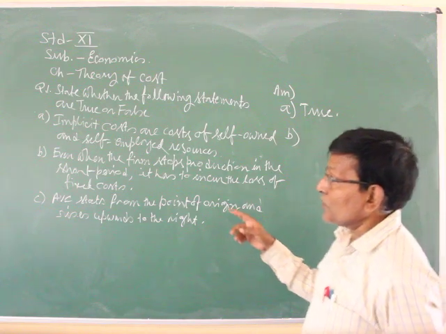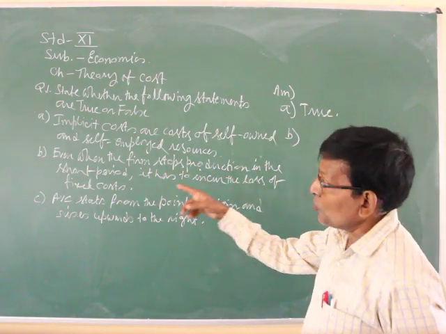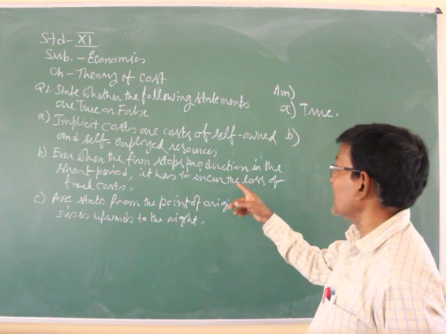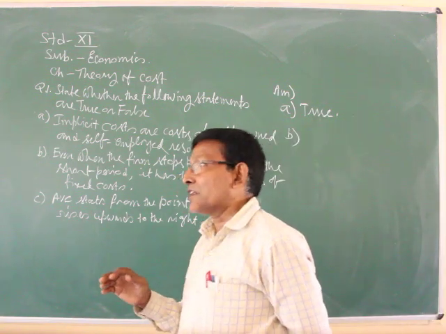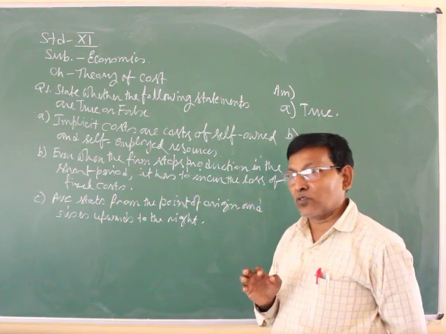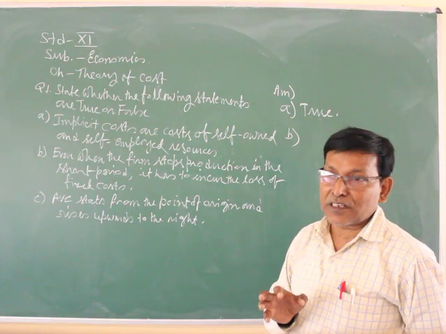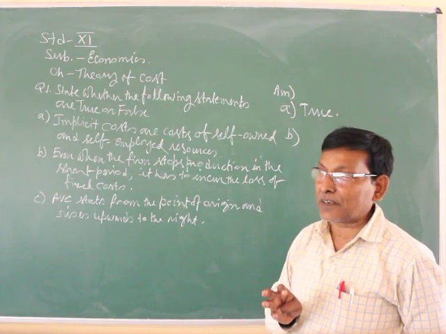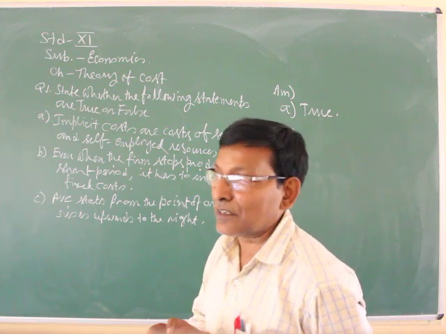Next question is B. Even when the firm stops production in the short period, it has to incur the loss of fixed cost. So, what is the meaning of fixed cost? The cost which does not vary with the level of output. In the short period, the factors of production are divided into two: one is fixed factor, another is variable factor. Fixed factors are those factors whose size we cannot change in the short period.